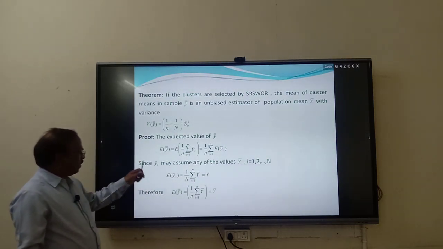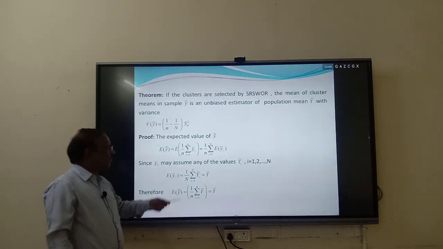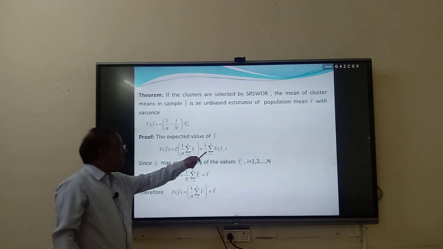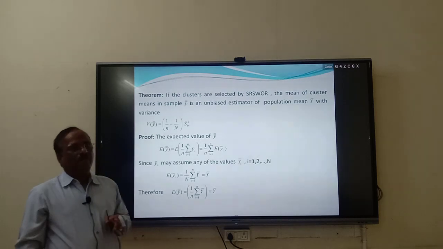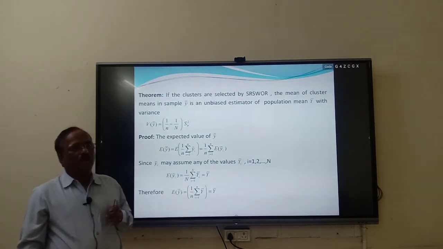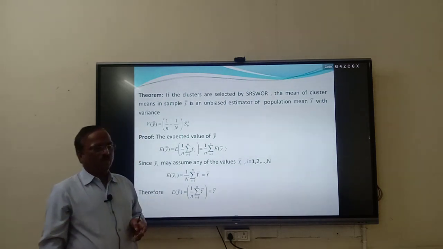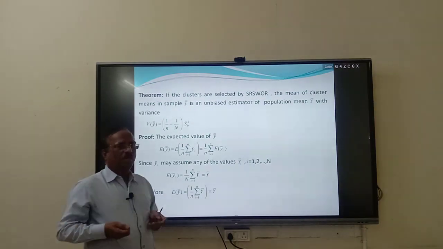Now the expected value of yi dot bar is obtained on the assumption that this value may take any of the values capital Y1 dot bar, capital Y2 dot bar, up to capital YN dot bar, which are population values, because we are taking the cluster randomly.